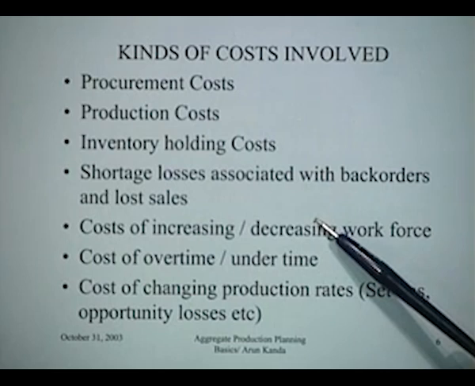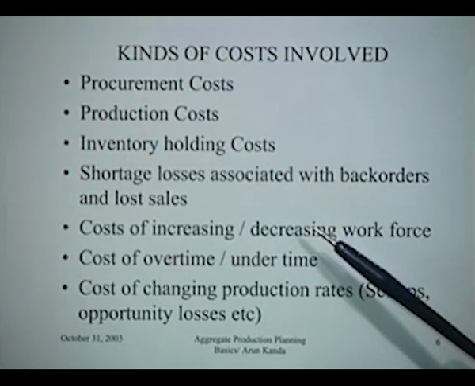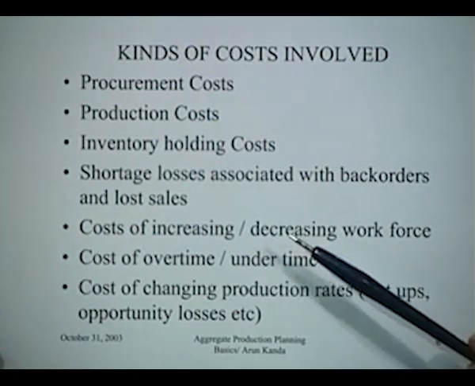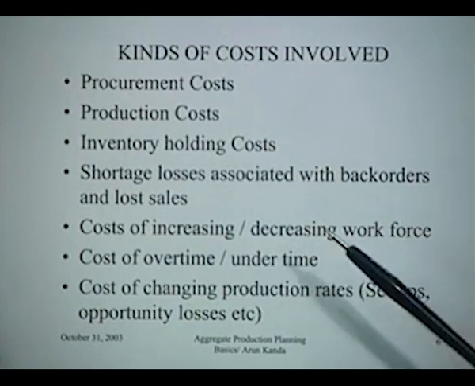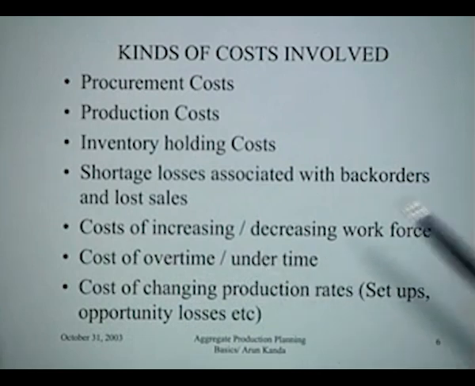Cost of decreasing the workforce could be the cost of idle capacity, or it could also be the cost of loss of goodwill. So, these types of costs are involved. Then we have the cost of overtime and undertime, and the cost of changing production rates.